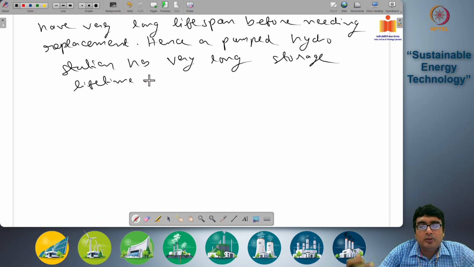Okay. So clearly the pumps, the turbines, the pipe systems can last for very long, many decades and years. So the lifespan of a pumped hydro-based storage station is very, very long. Okay.